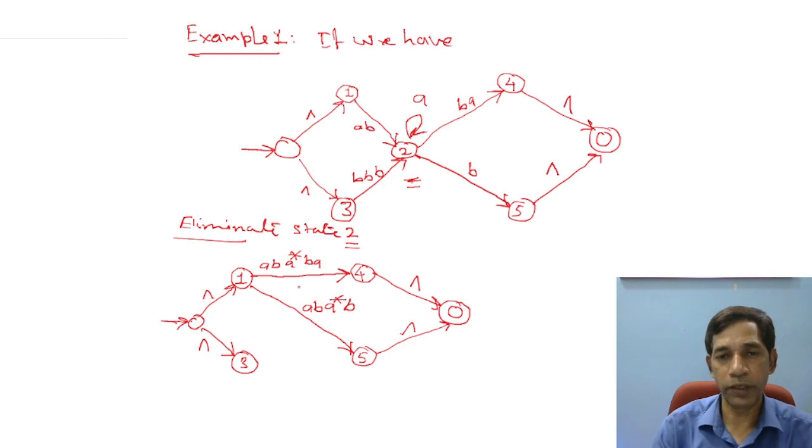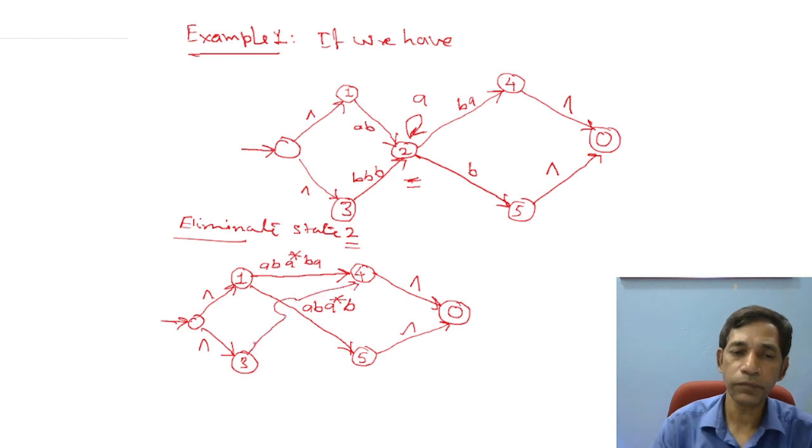Now you have the direct path from 1. Now you can consider state 3. From 3 you can also go to state 4. And once you are going to state 4, what is the regular expression?